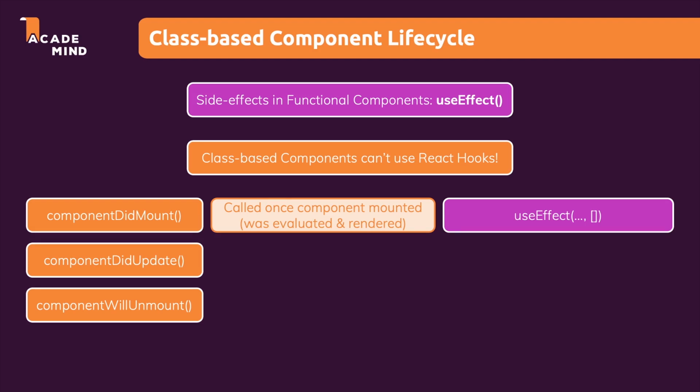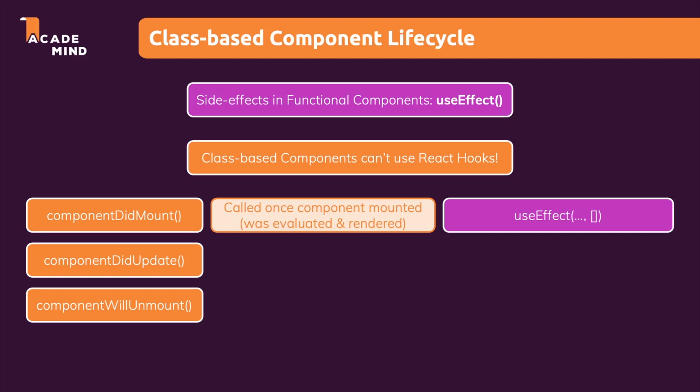But if you have no dependencies, if you have an empty dependencies array, the effect function is only executed in that case. So adding useEffect with an empty dependency array is basically your equivalent to componentDidMount. And we're going to see componentDidMount in action in just a second.